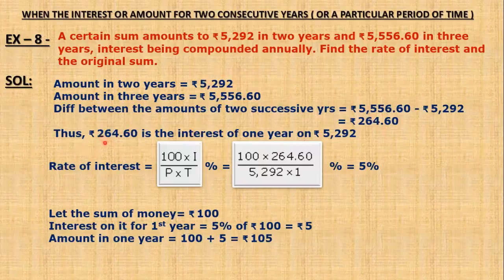Thus, rupees 264.60 is the interest of 1 year on rupees 5,292.